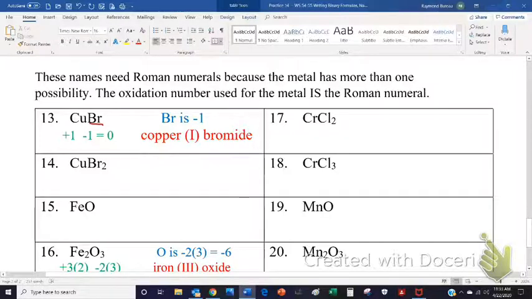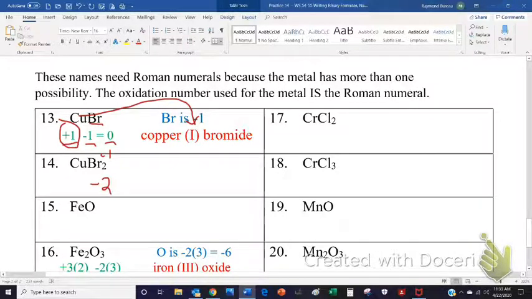So I put that bromine right here. That means copper has to be +1 to give us our total of 0. And remember, the oxidation number being used is the Roman number. So copper 1 bromide.